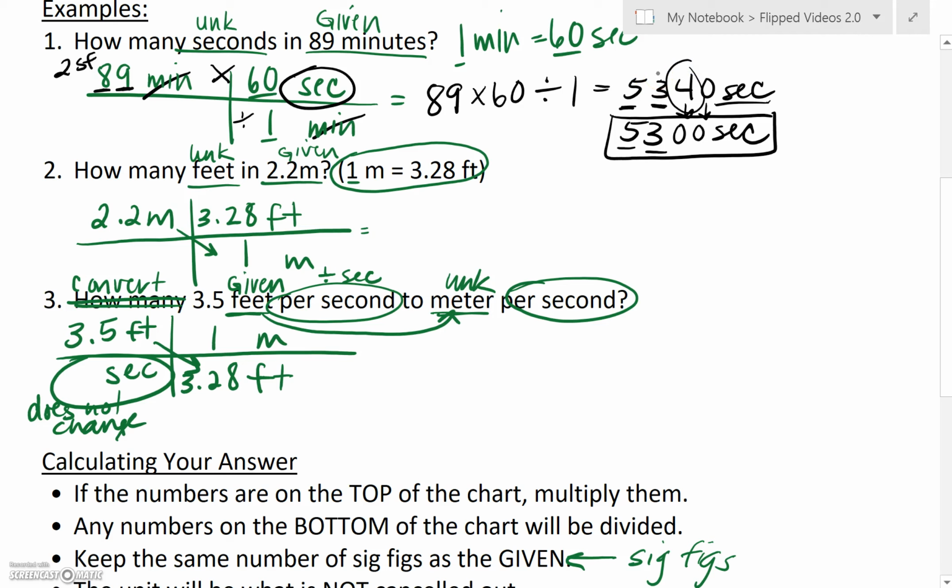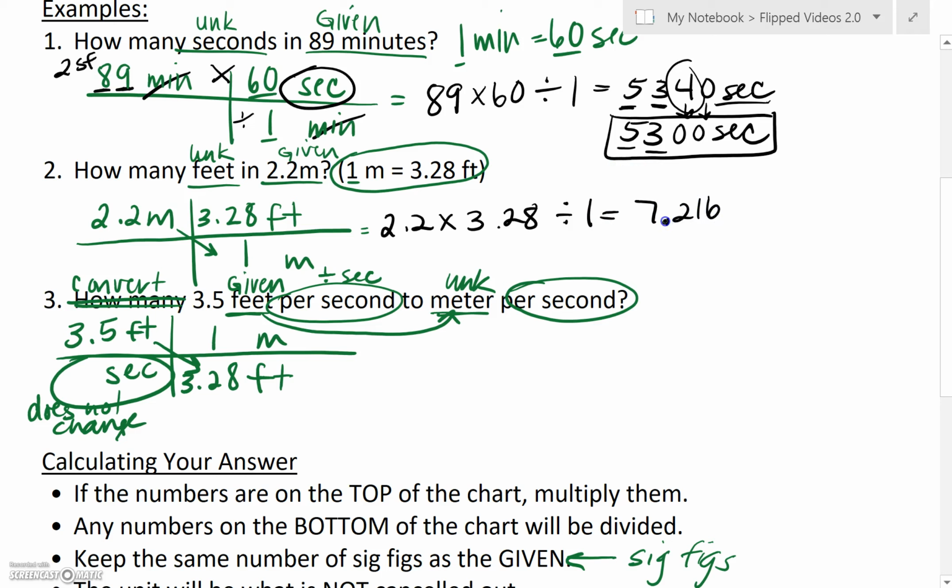Next, let's try it again. Whatever number's on the top, so 2.2 times 3.28, and whatever number's on the bottom we divide. So divide by 1. I put that into my calculator and I get 7.216.